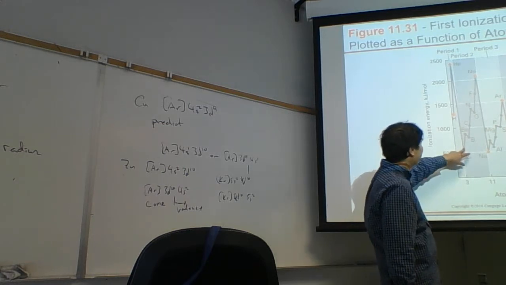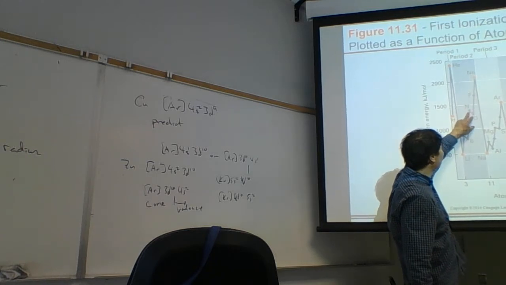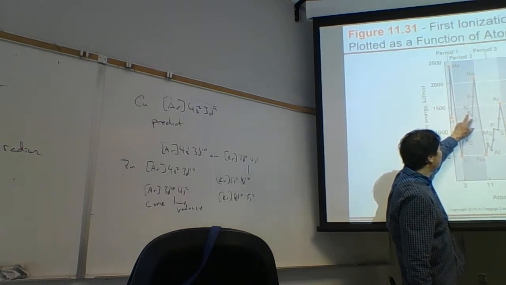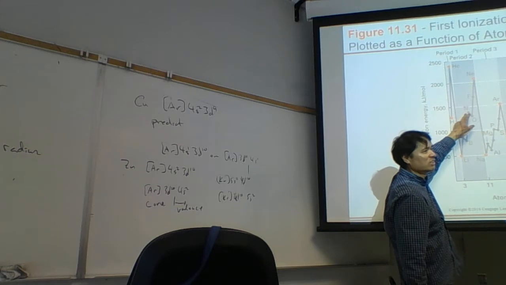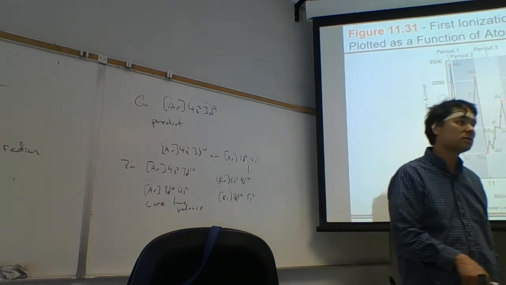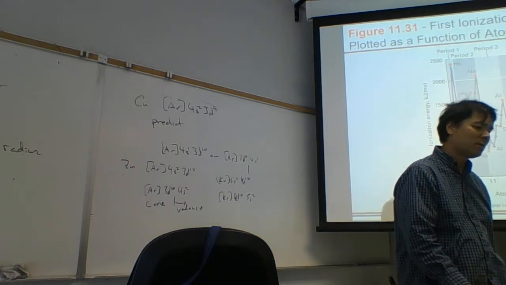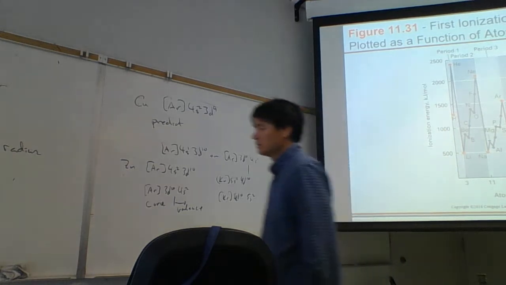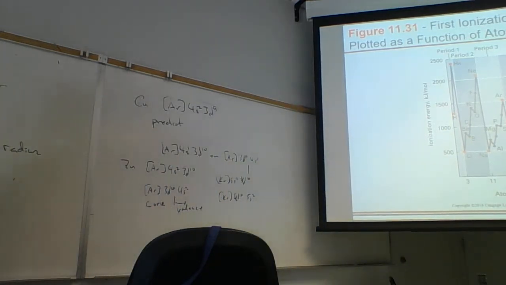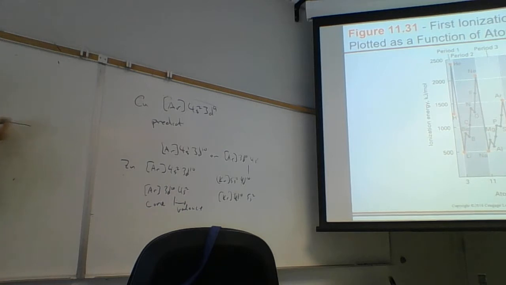However, it's not perfect. Which one is bigger, which one's smaller? Let's go nitrogen to oxygen. Is oxygen smaller or bigger than nitrogen? Oxygen's smaller. Why is it easier to ionize? Why oxygen's easier to ionize is because of this. There's another factor at play here, and the other factor at play is, remember I talked about pairing energy or repulsions?